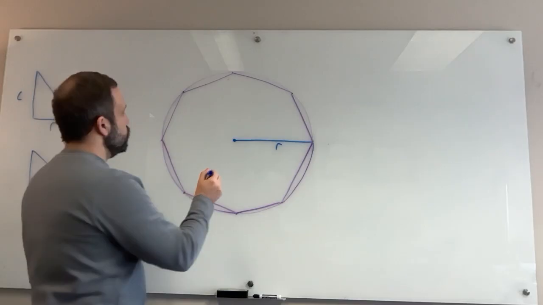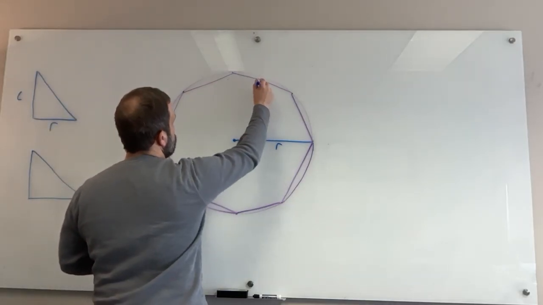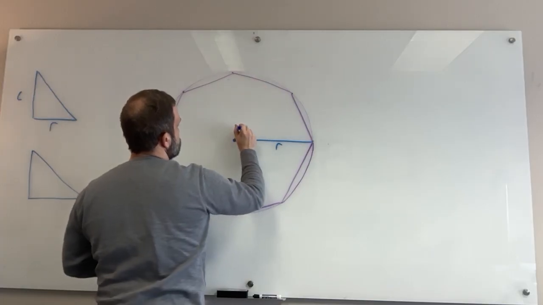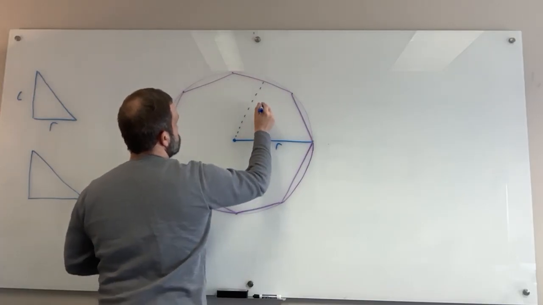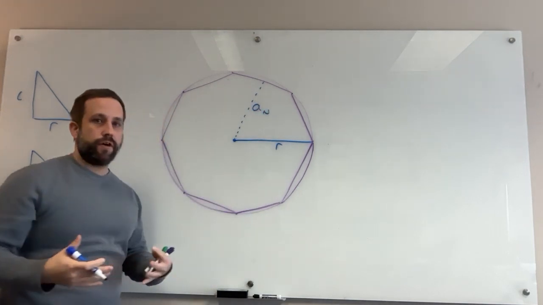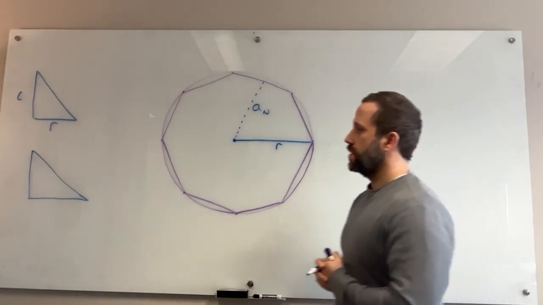If you look at the distance from the center, not to one of the vertices, but to the midpoint of one of the line segments, this is called the apothem. I'm going to call it A sub n, the apothem for an inscribed regular polygon.